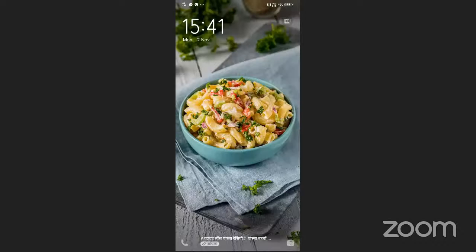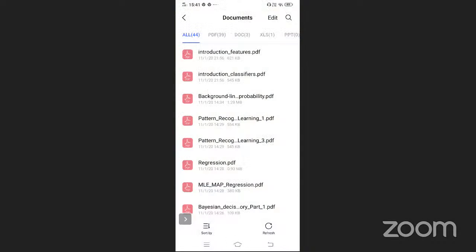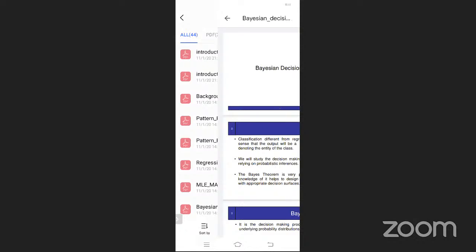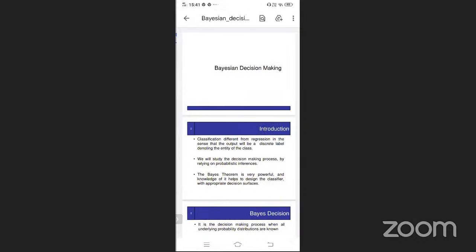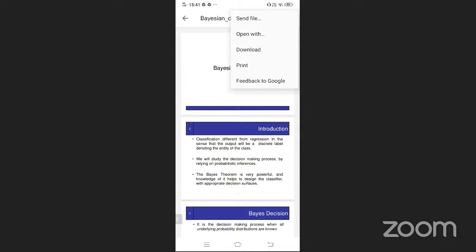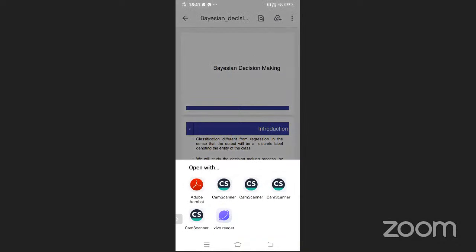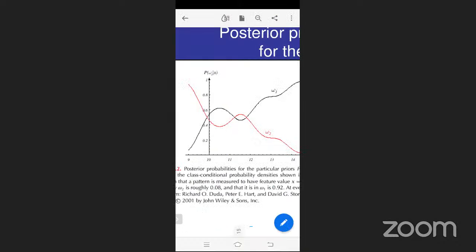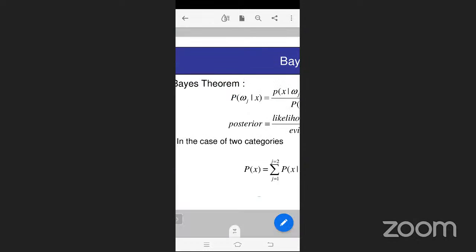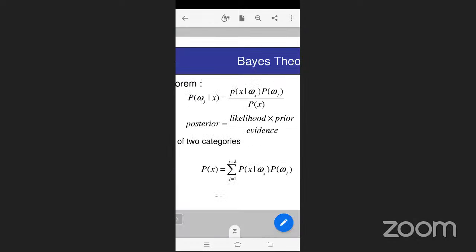So this is the simple Bayesian decision theory, wherein you have the priors and the class conditional densities. The value of the class conditional density at the given value of x is called a likelihood. You multiply the prior with the likelihood, and then with a proportional factor or evidence, you get the posterior.